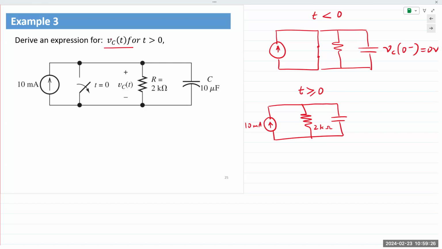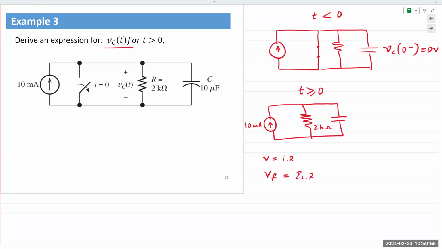What is the voltage? No ideas? That's why I said chapter 1. V equals IR. So the final value of that capacitor voltage would be equal to the source current times the resistance.